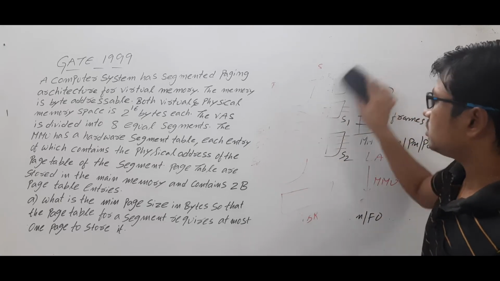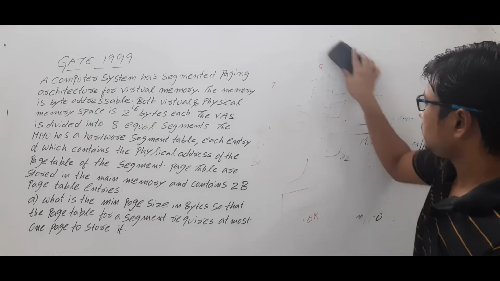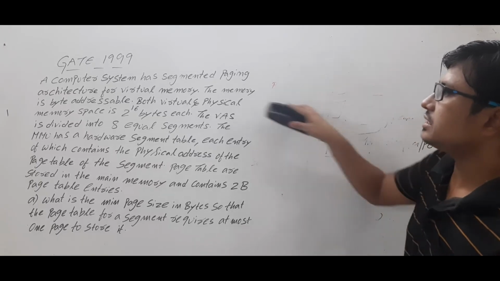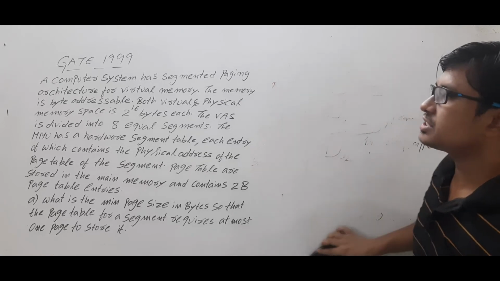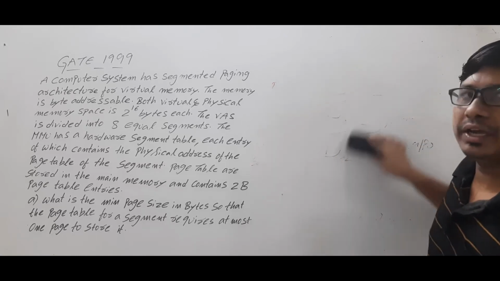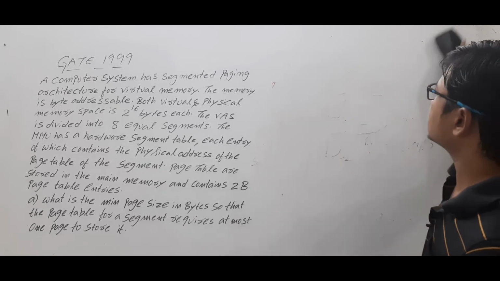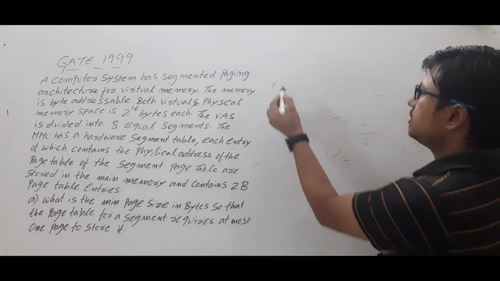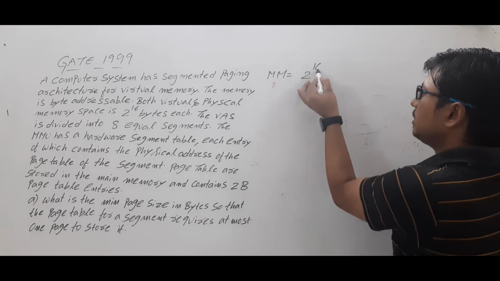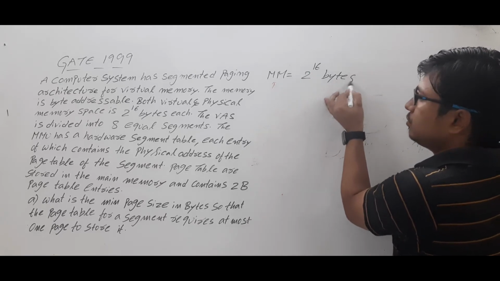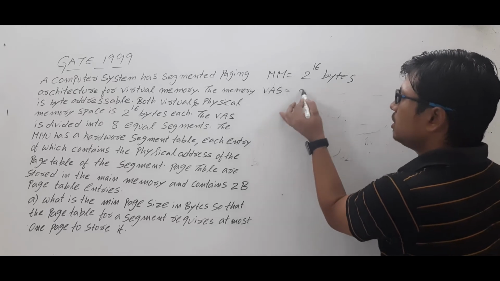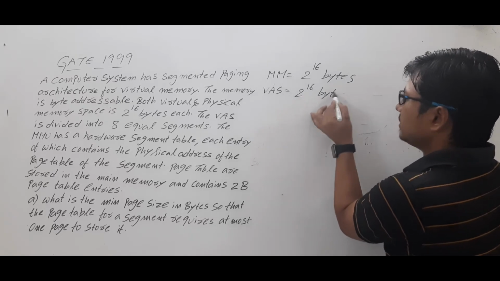Now let me solve this numerical question for you. If you read it, they said both virtual and physical memory space is 2 power 16 bytes. So the main memory size is 2 power 16 bytes, and your virtual address space is also 2 power 16 bytes.